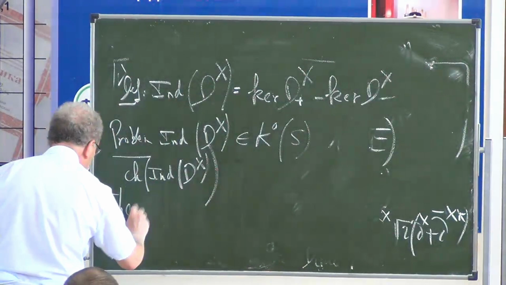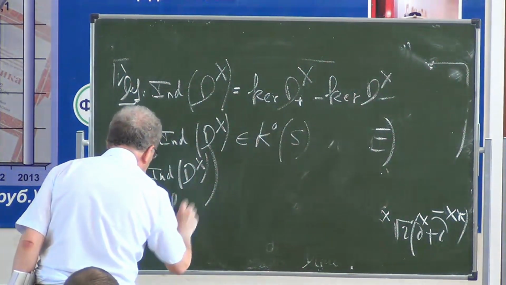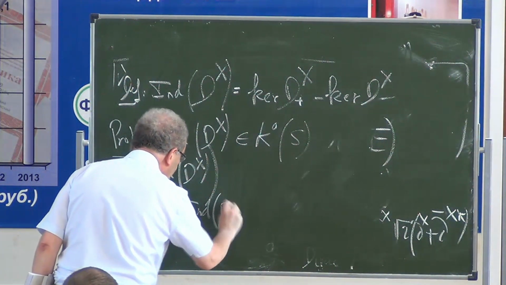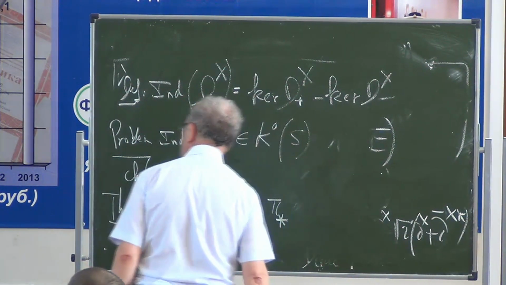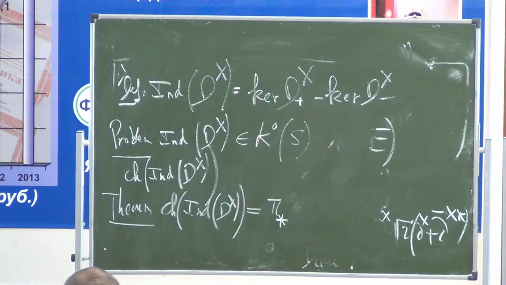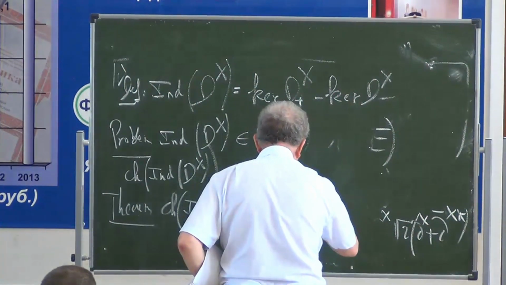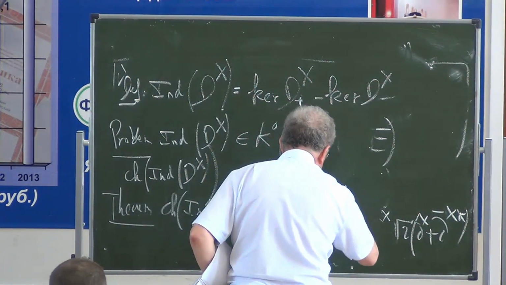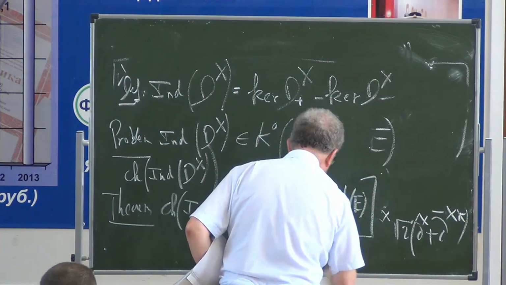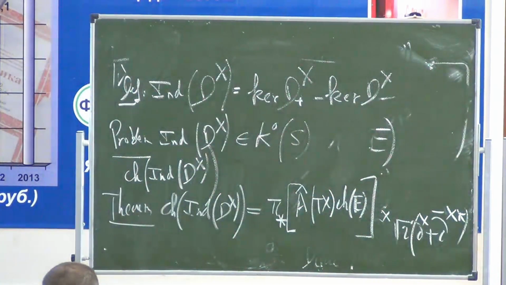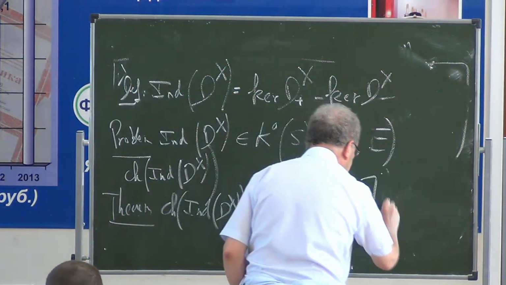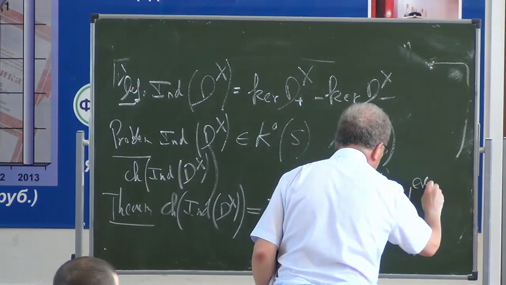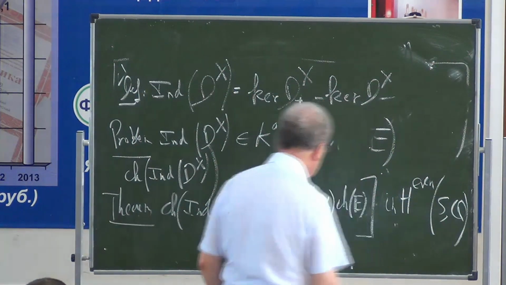So, theorem: the Chern character of the index bundle of D^X is equal to π_*, where π_* is the integral along the fiber, of Â(TX) paired with the Chern character of E. This is an identity in H^even(S, Q).